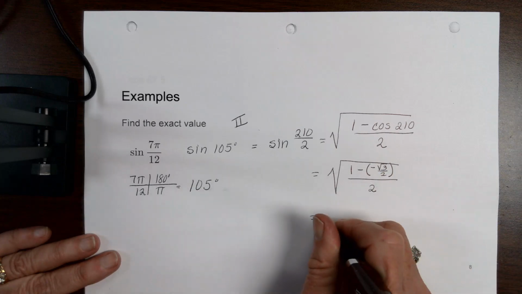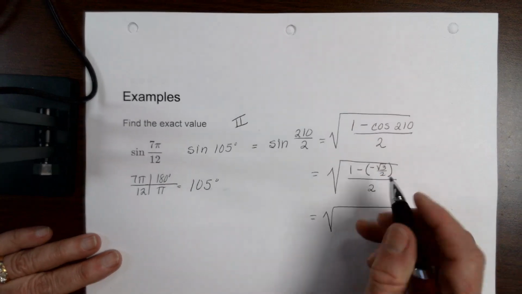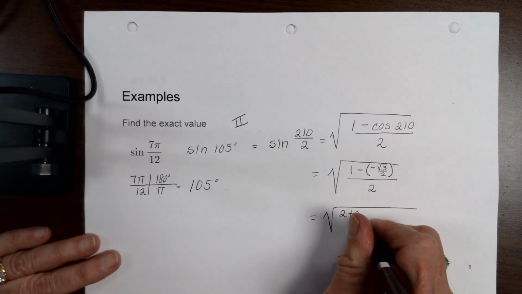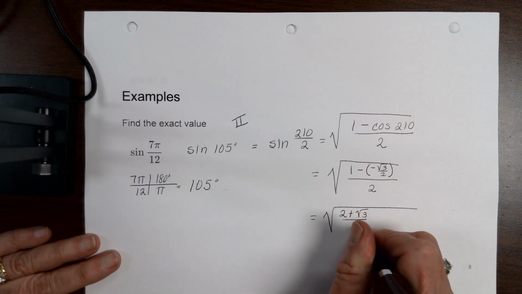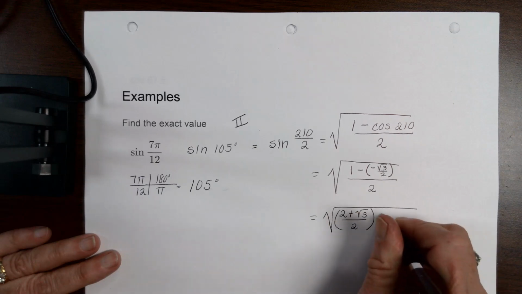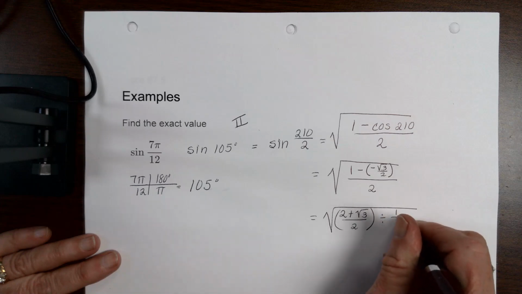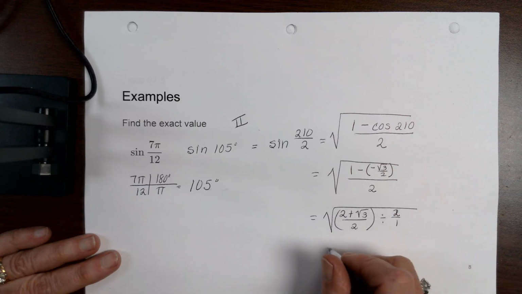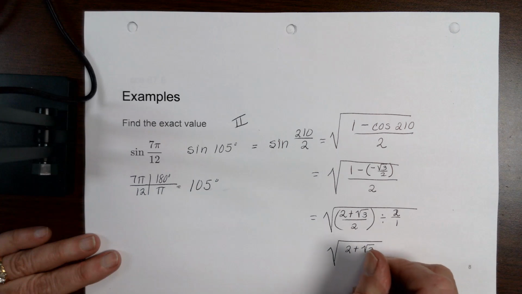If I write this sideways, the common denominator is 2, so I have (2 plus the square root of 3) over 2, divided by 2 over 1. I'm going to flip this and end up with (2 plus the square root of 3) over 4.